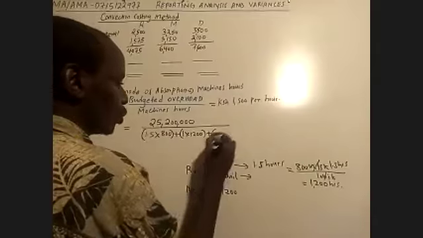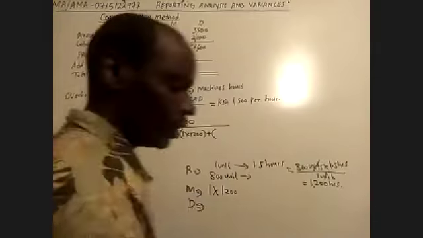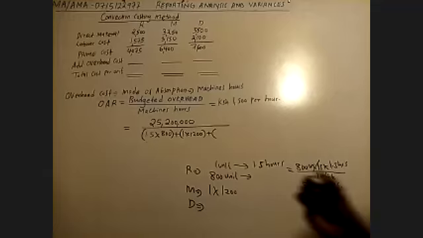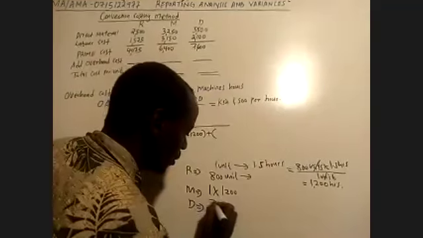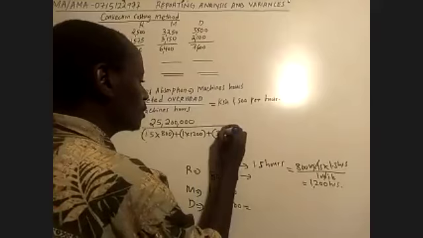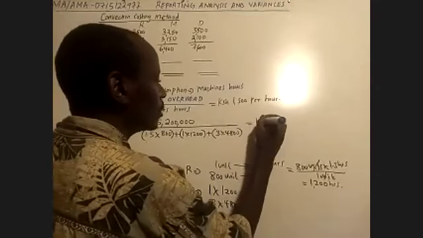Then tumalizia ya mwisho, D. How many hours per unit? 3 hours per unit. How many units? 800. So 3 hours times 800. Now, are you getting the same?